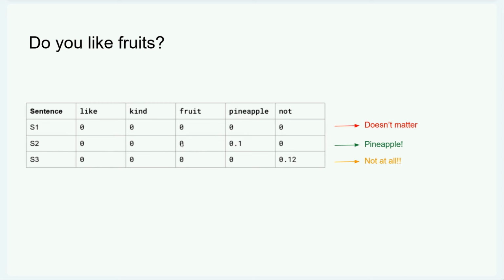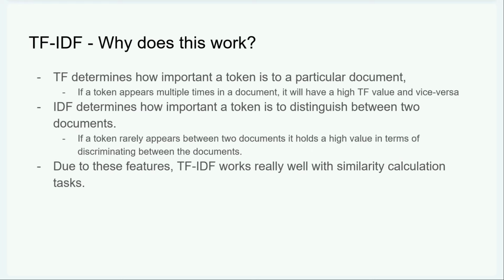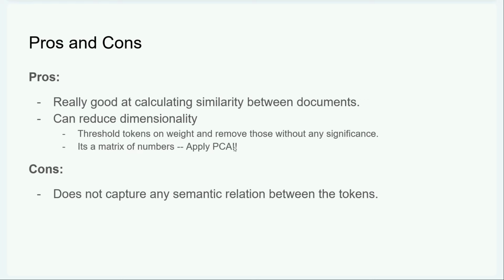And once they fall below a certain value, you will just remove them. So your matrix will reduce in size. PCA in itself is a different topic. We can spend an entire session on that. So I won't get into much, but yes, you can use these techniques to reduce the dimensionality of your final matrix or your final vector space.